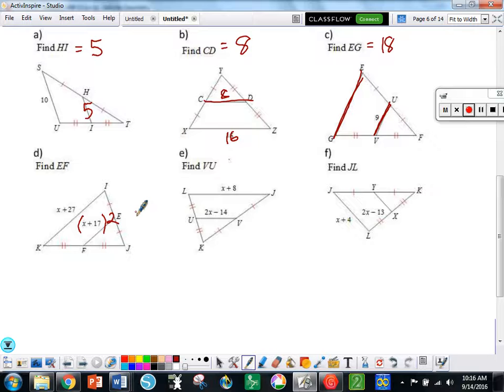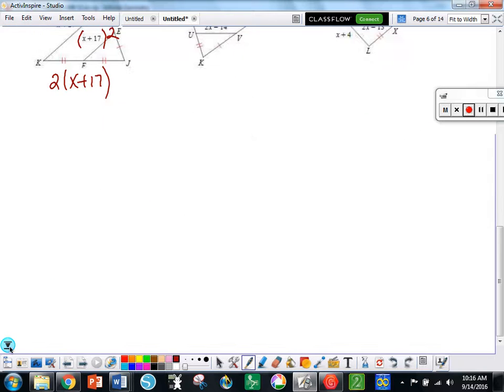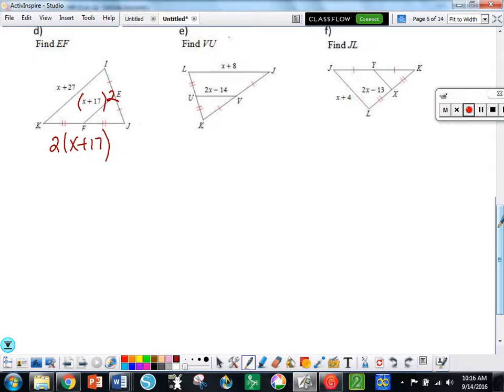Okay, so if I want to find the base, I'm going to take that middle and double it, right? So 2x plus 17 equals, now do I have to double the base? No, the base is already twice as big, so I double the small one so it equals the big one.